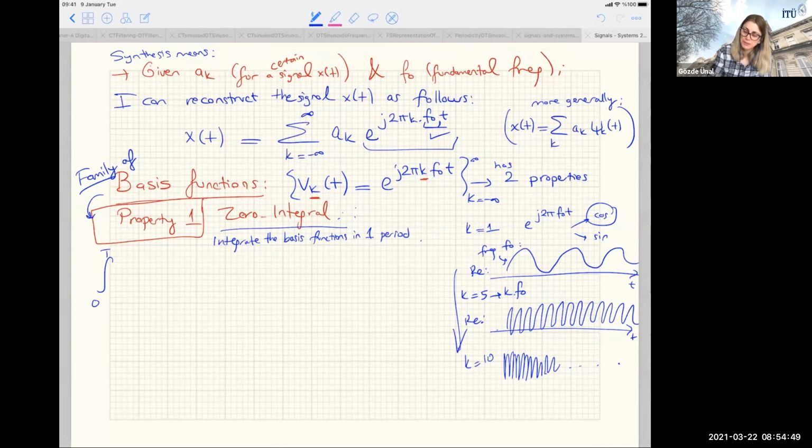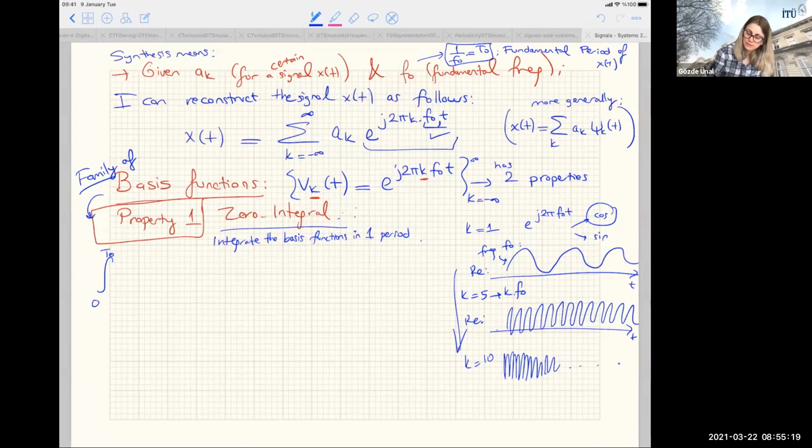Given a_k and f0, we know 1 over f0 is T0. This is the fundamental period of the signal, the period of x of t. This is important also. So integrate the basis function in one period. It could be any period: minus T0 over 2 to T0 over 2, 0 to T0, doesn't matter.